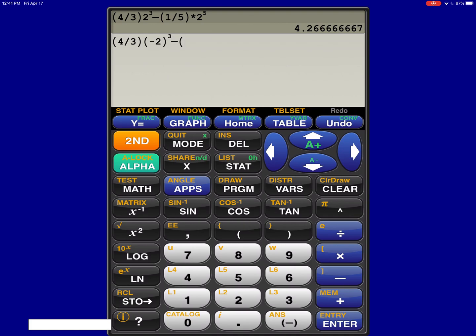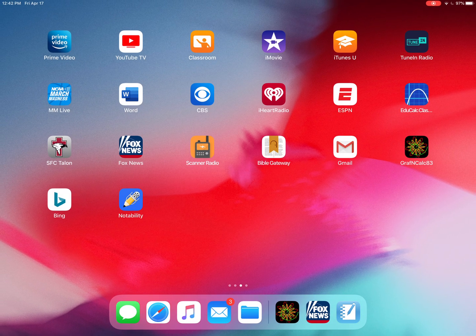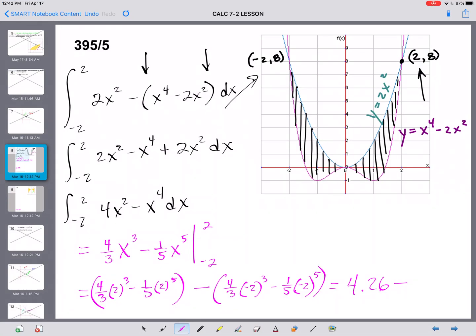Then we got 1/5 times parentheses, -2 raised to the 5th power. There it is, -4.26. Hey, minus a negative plus a positive. Here we go, we've got 8.53, and that's our area.